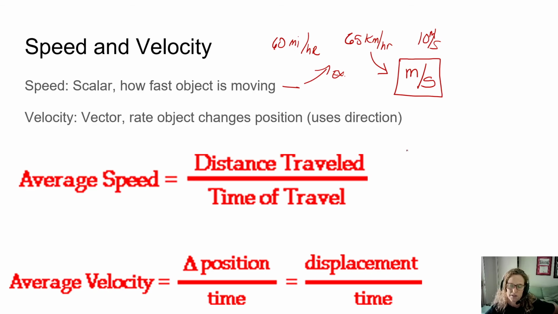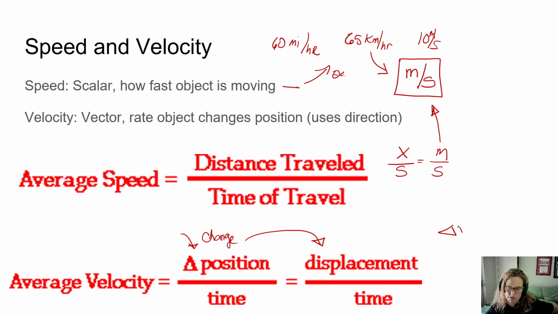So for speed, it's however far you traveled, x is the distance, divided by how long it took you to get there. So x is in meters and time is measured in seconds. So that's where we get this unit from. And then velocity is, oh, here's a triangle. What does that mean again? The change in your position or the displacement means the same thing.